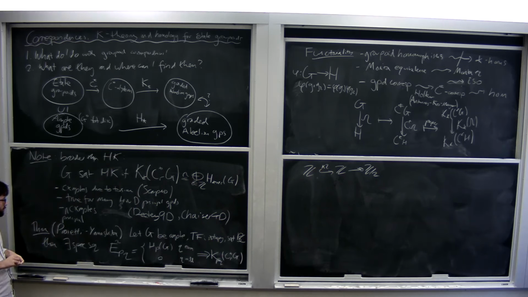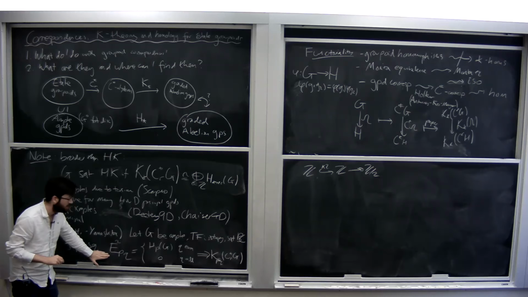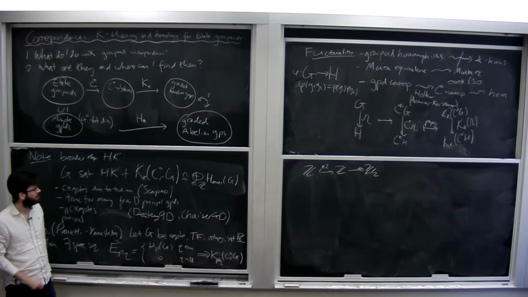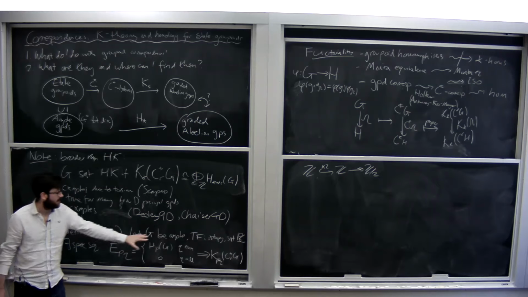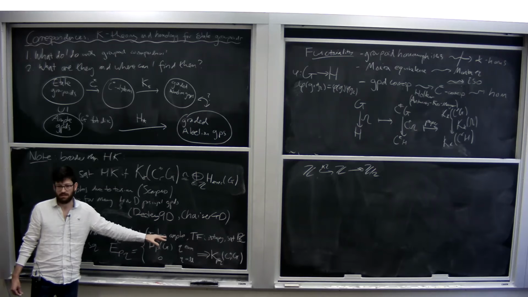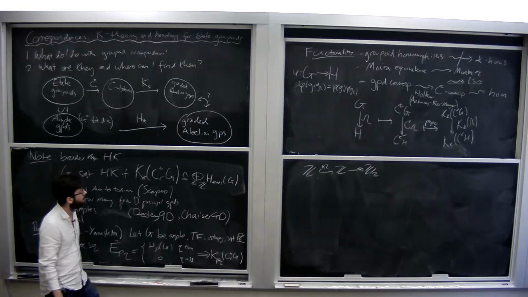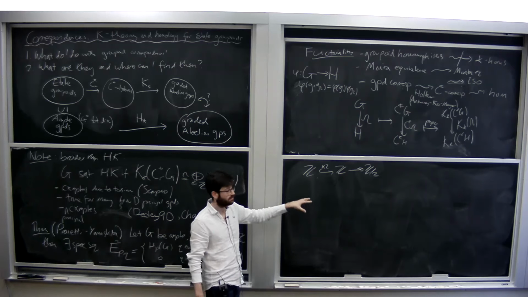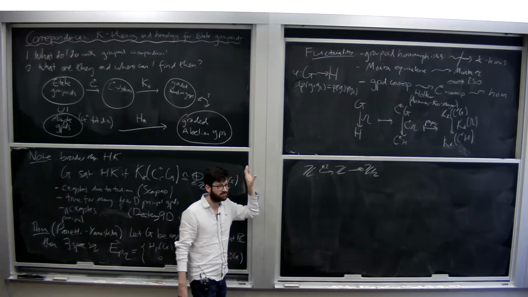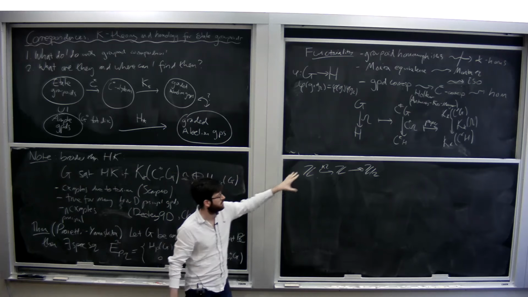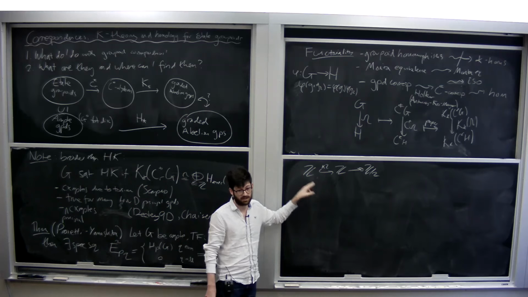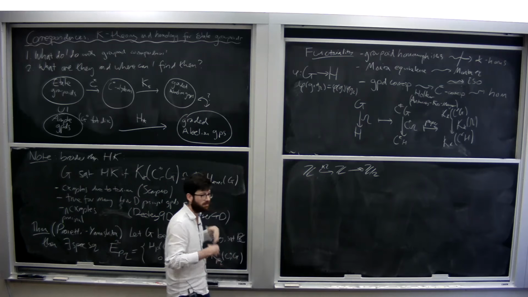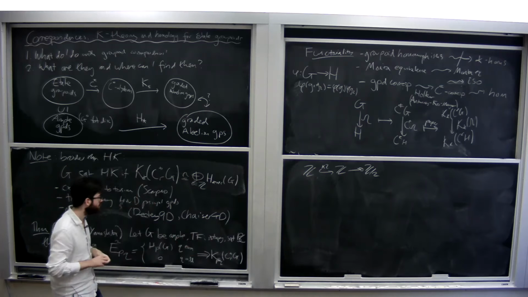But if you have a map of spectral sequences, and you know it's an isomorphism on this page over here, so in homology, then you actually get an isomorphism of the things that it's going to be converging to. This is like with short exact sequences. If we have a map of short exact sequences that we know is an isomorphism on each side, then it has to be an isomorphism in the middle as well, by, say, the five lemma.